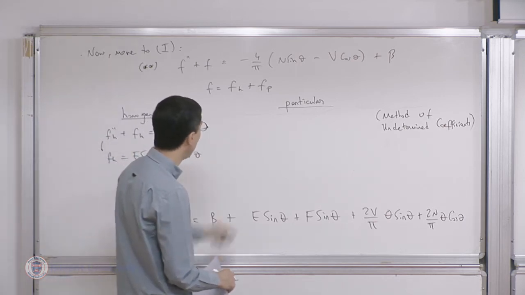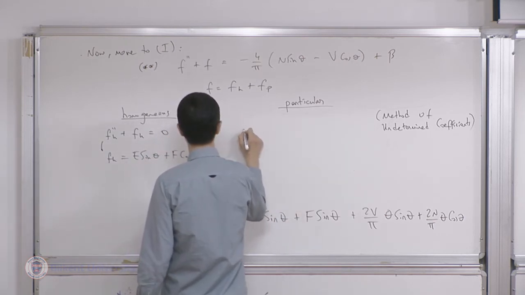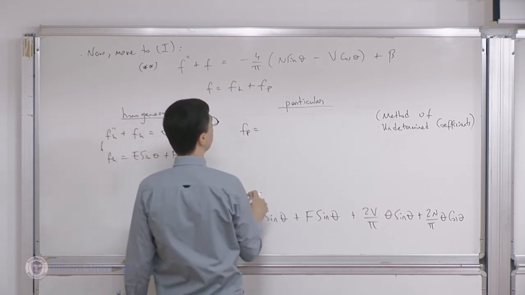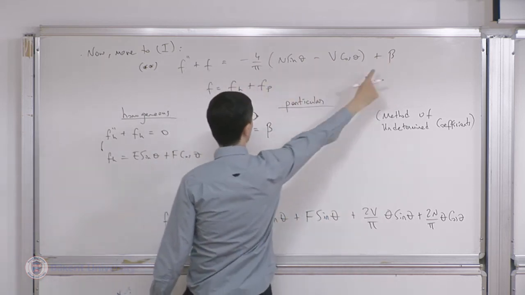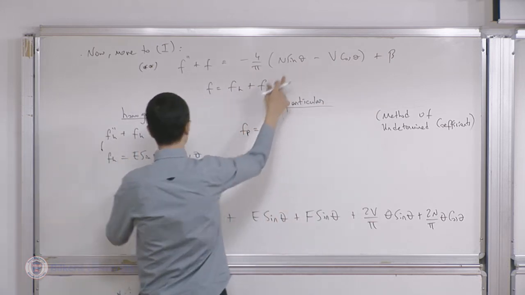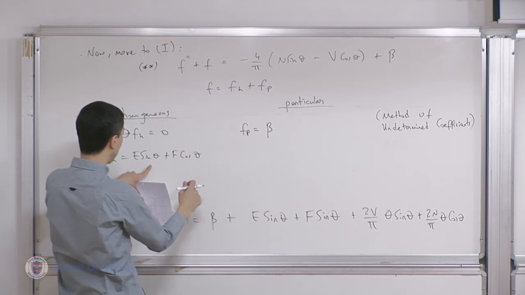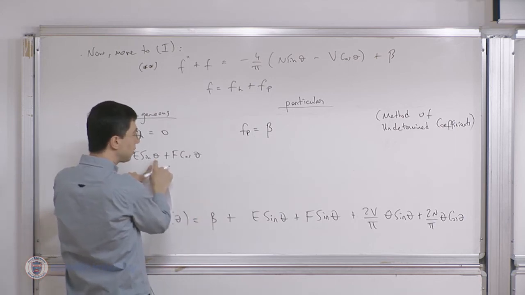So you cannot put the same thing proposed as a particular solution because that would just be meaningless. So the idea in that method is, first of all, f p has for sure beta in it, that identically satisfies double star. And then you say, well, sine theta is already in the homogeneous solution, so I have to throw in, in this particular case, theta as a coefficient.